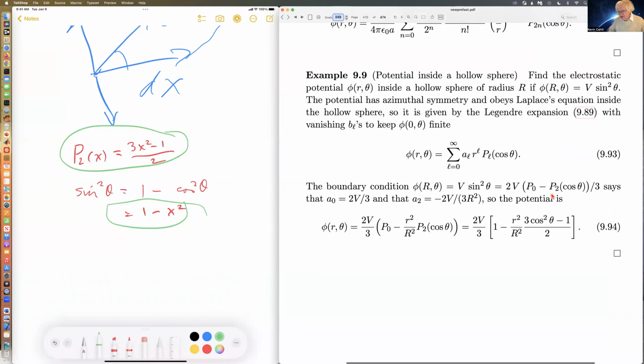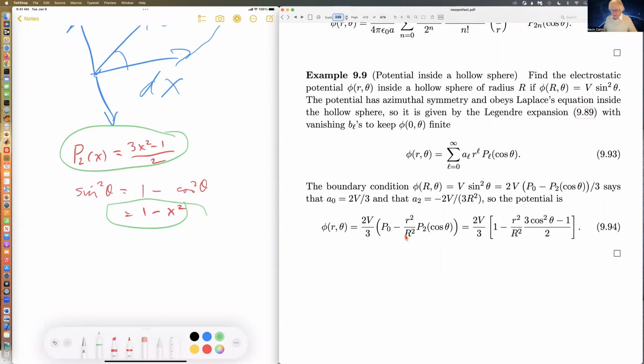We can write sine squared theta as 2 over 3 times (P0 minus P2 of cosine theta), P0 just being 1. And then comparing this with that, we see that A0 is 2V over 3 and A2 is minus 2V over 3R squared. The 3R squared is because A_L capital R to the L is equal to this structure here, P2 cosine theta over capital R squared.